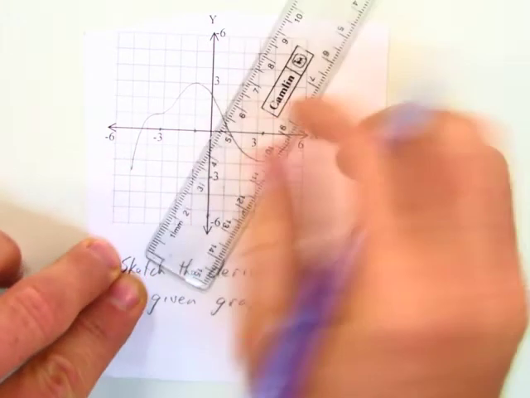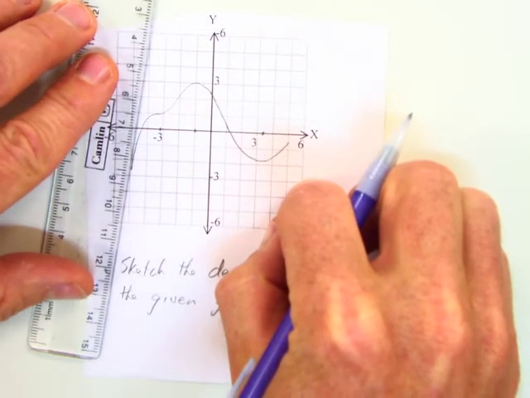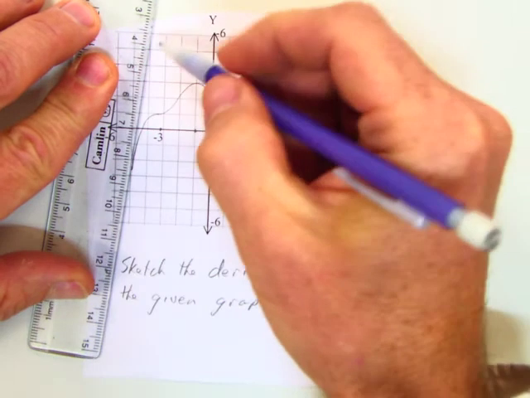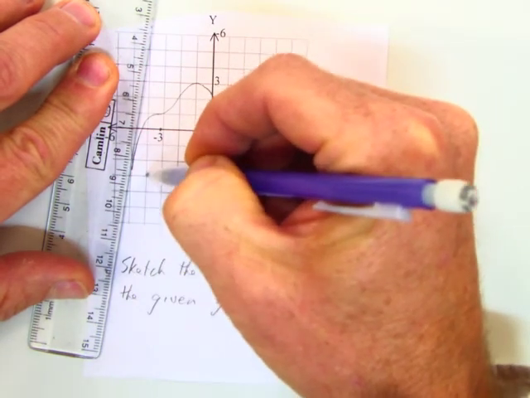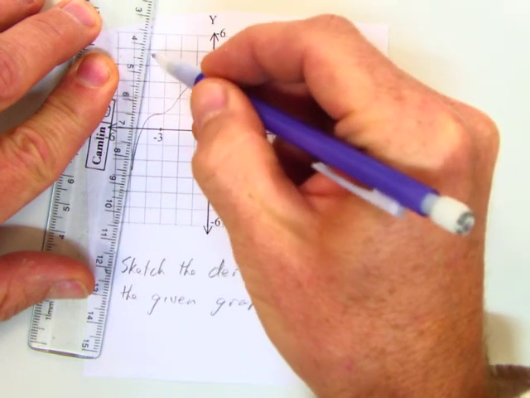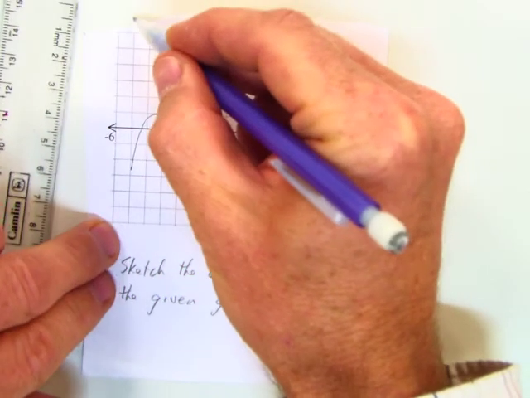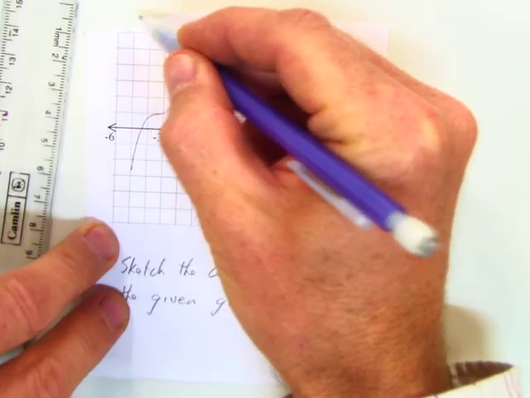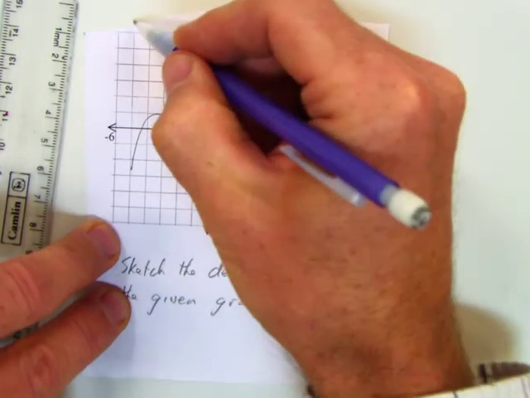So we can come up with an approximation of these values by just putting our ruler down here and estimating. We're looking at something like over 1 and up 1, 2, 3, 4, 5, 6, 7, 8. So this thing is going to be way up here at 8. And I don't have my paper scale big enough to show that.